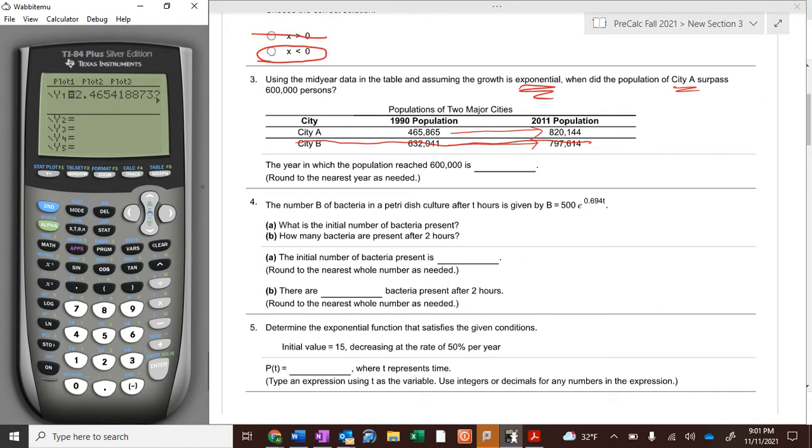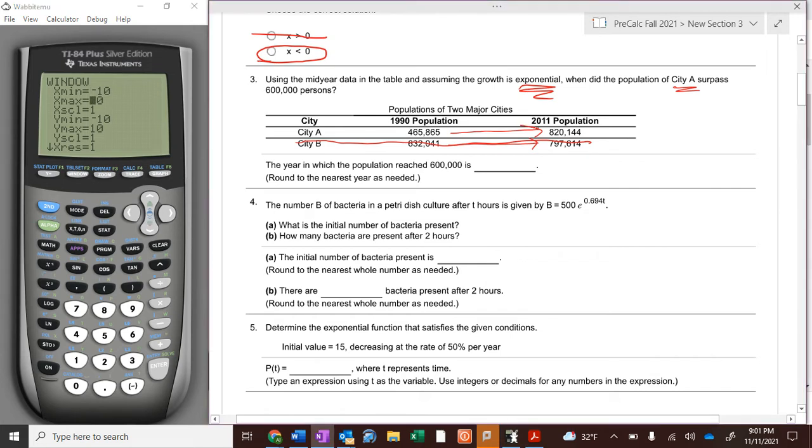And then we want 600,000. So we need to change our window because our x's are going to be somewhere. We see that we're at 2011 here for the year. So maybe it's somewhere in between 1990 and 2011.